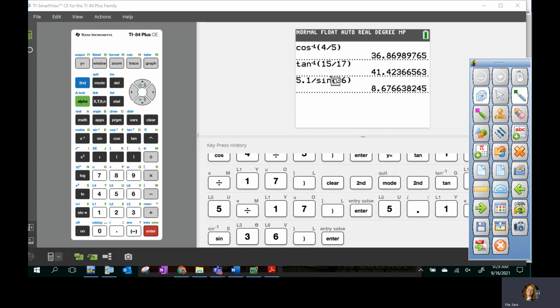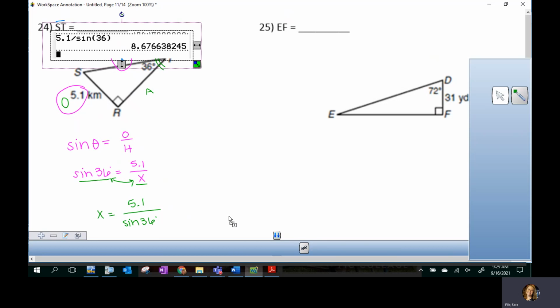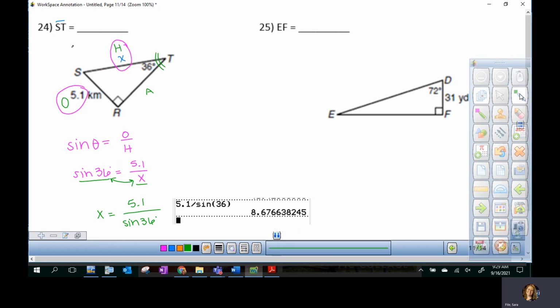When it's a side length, we typically round to the hundredths, even though it doesn't say here. So this is going to be 8.68, because that 6 is going to round that 7 up. 8.68, and this was in kilometers.